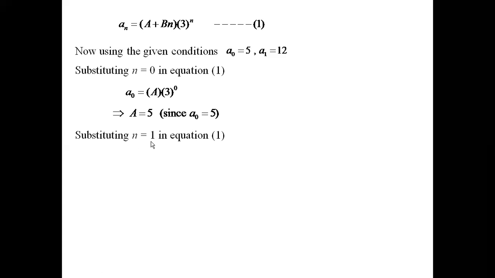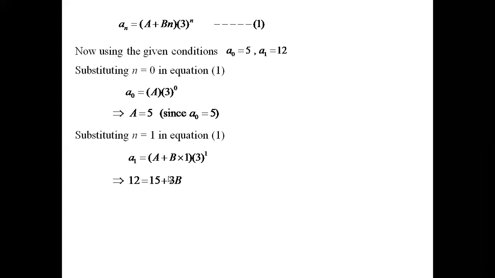Now we substitute n equal to 1 in equation 1, so that I can impose the second condition a_1 equal to 12. So we have a_1 equal to (A plus B into 1) multiplied by 3 power 1. a_1 value is 12, so I have 12 equal to (A plus B) into 3, where A value is 5.